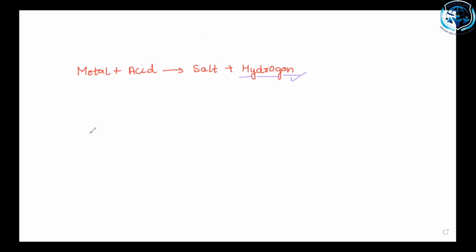Except copper, metals react with hydrochloric acid slowly at room temperature and vigorously on heating. The first reaction is of magnesium, which reacts with HCl to form salt MgCl2, that means magnesium chloride, and hydrogen gas.